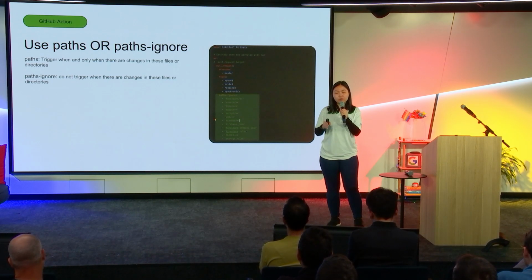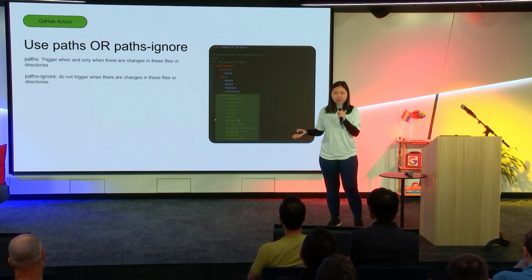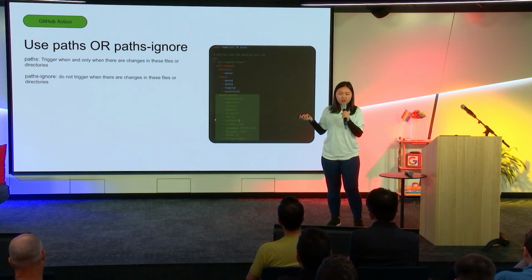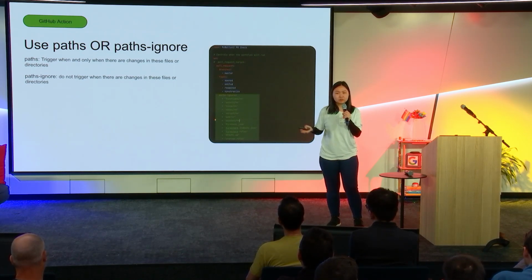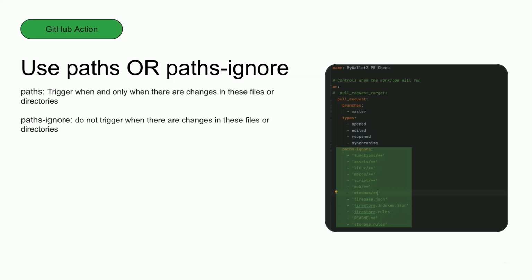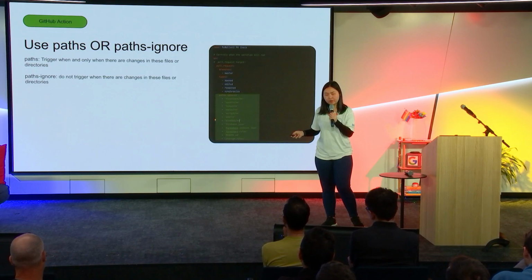That is why when the changes are in the cloud function, let's not build anything. Or in Linux, macOS, script, whatever, if it's not Android, not iOS, please ignore it. Similarly with paths, if you set the paths, it will build only when the changes are in those paths. If you set paths-ignore, it will ignore this job when the changes are in those paths.